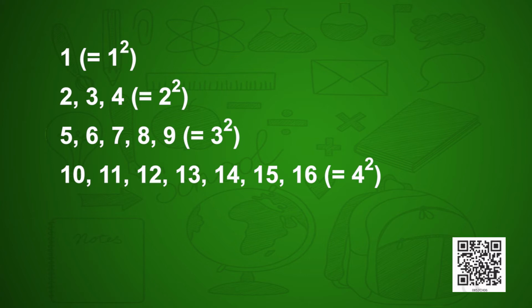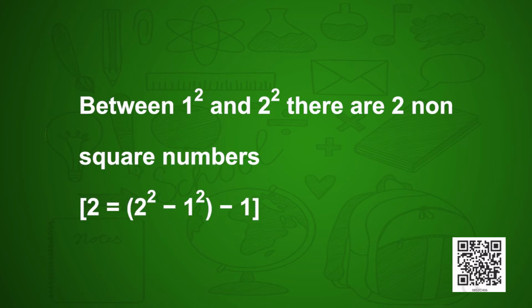Now, let us observe the numbers present between two consecutive square numbers. Our first square number was 1 and the second square number was 4. What are the numbers present between these two? Yes, they are 2 and 3. So, we can say that between 1 square and 2 square, that means between 1 and 4, there are two non-square numbers.